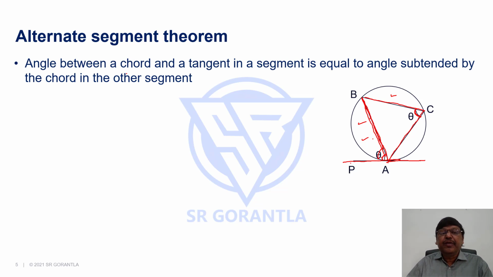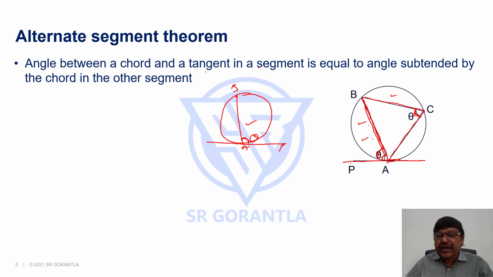So, the angle between a chord and tangent in a segment is equal to the angle subtended with the same chord in the other segment. This should be in different segments. Suppose I draw one more diagram. Say this is PAB, let us say this is theta. Since this angle is in this segment, we should take the other segment.